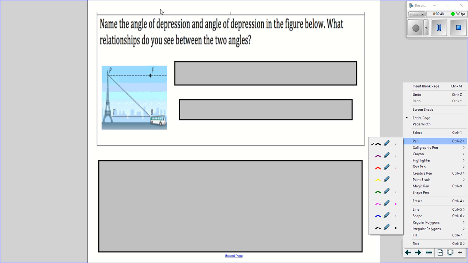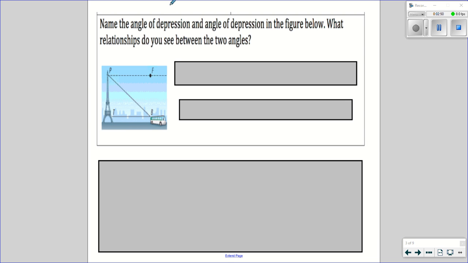This one should say: name the angle of elevation and the angle of depression in the figure below. And what relationship do you see between the two angles?